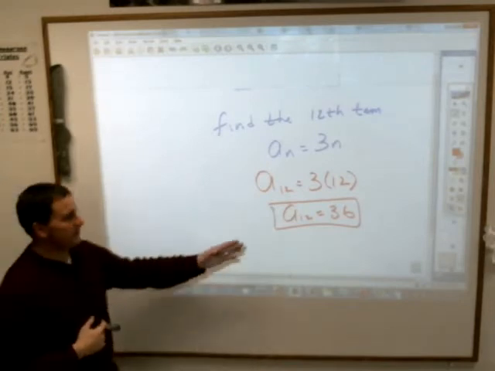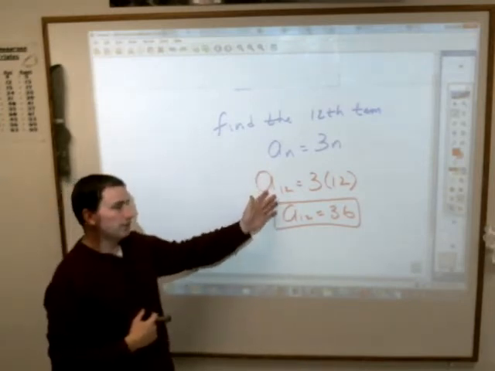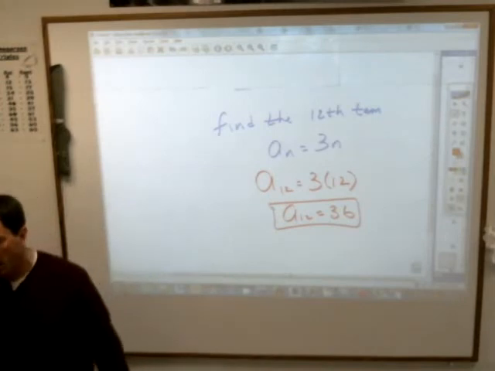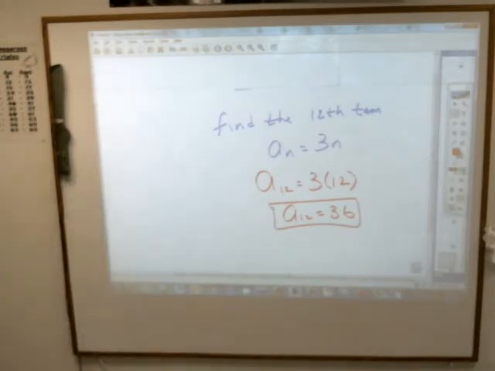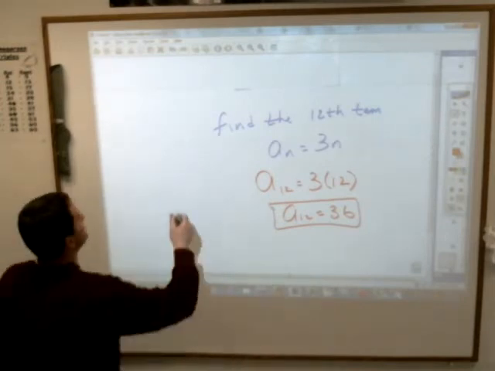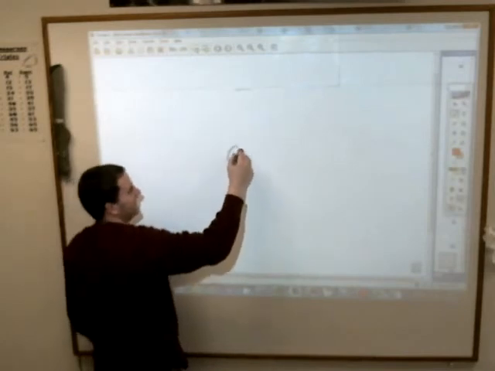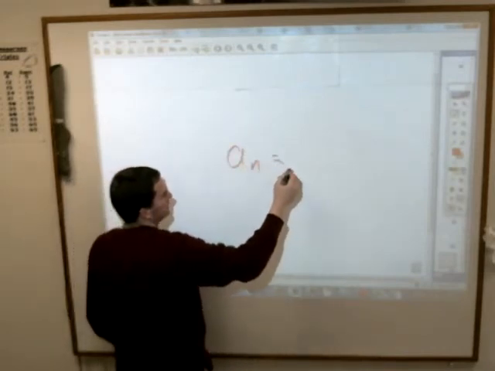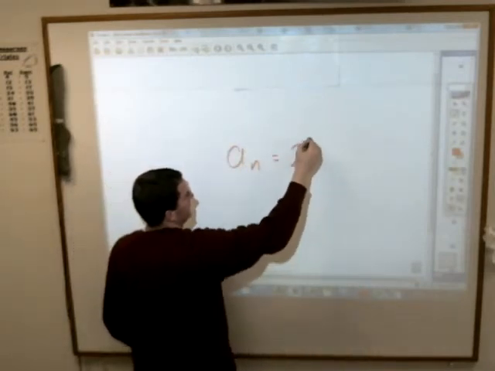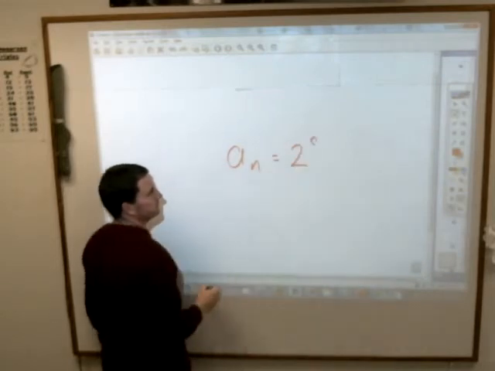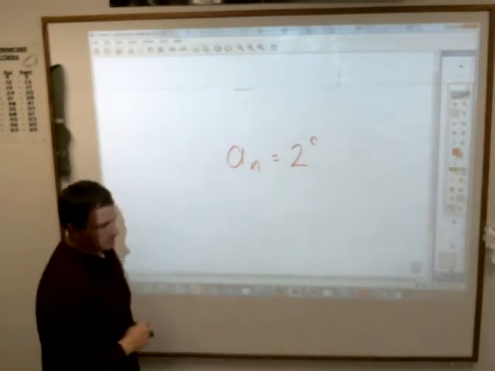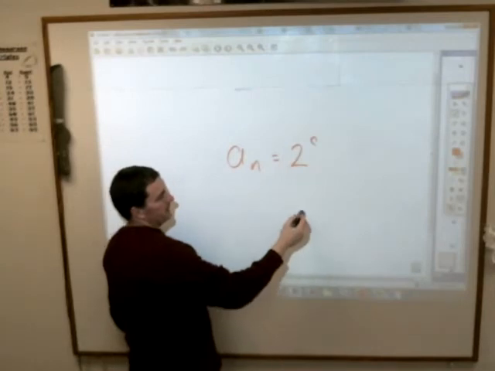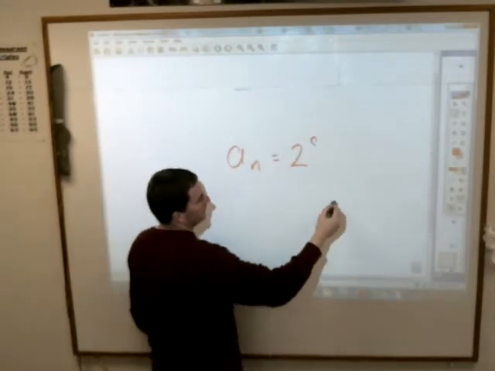The letter a is like your unknown when you solve for x kind of thing. Or another example would be, how about this one? What if your formula was a sub n equals 2 to the nth power? And I asked you to find the, I don't want to go too high, do I?